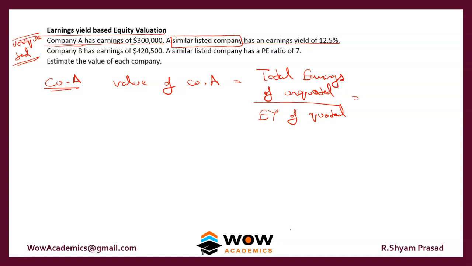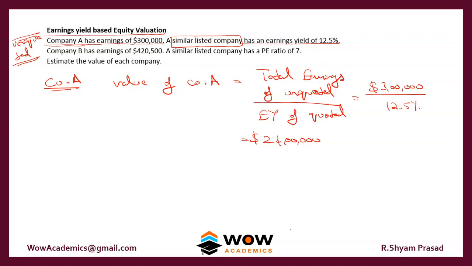So the total earnings of the unquoted company is 3 lakhs divided by the earnings yield of the listed company or a quoted company, which is 12.5%. So we'll arrive at the value. So that comes to 2.4 million or 24 lakhs worth.